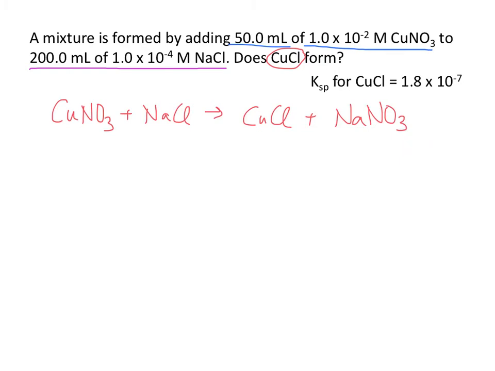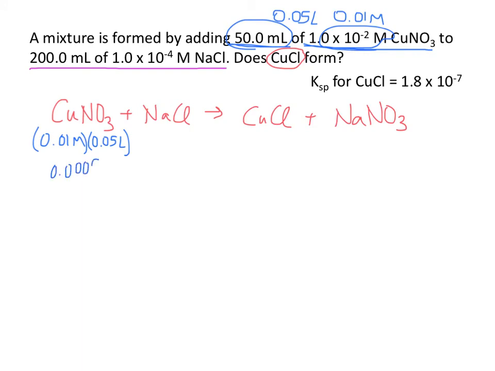And so let's look at the copper nitrate first. 50 milliliters, which is really 0.05 liters, and 1 times 10 to the negative 2 molar. So if we do 0.01 molar times 0.05 liters, hopefully you find 0.0005 moles of copper nitrate.